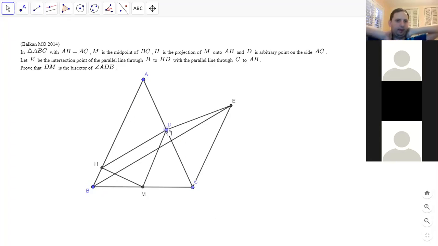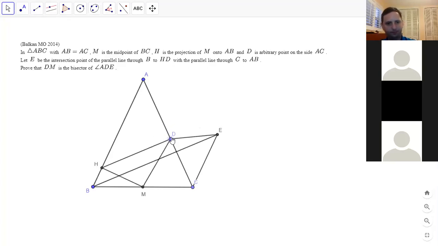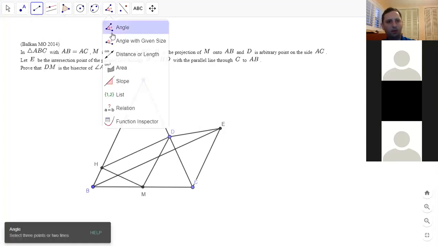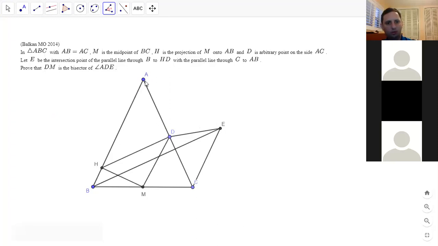So you want to show angle ADM is angle EDM. Is AEM isosceles? I don't, no, it's not. Looks like ADM and MDE are similar. Oh, really? Yes, but MD isn't the angle bisector of AME.